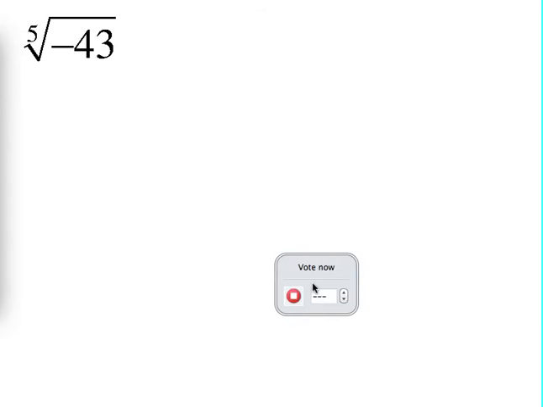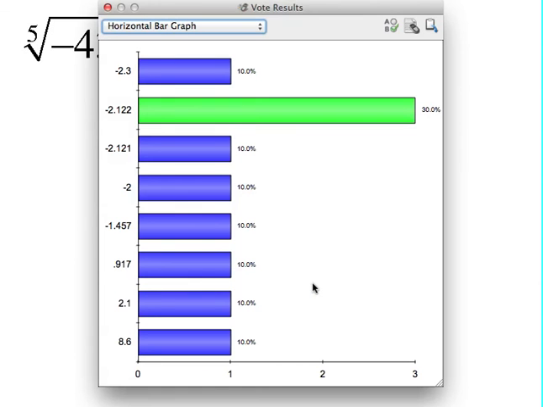Okay, so the fifth root of negative 43. We're in. And the answer is negative 2.122.